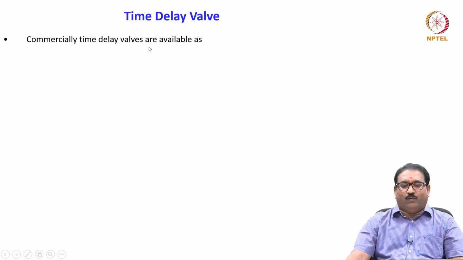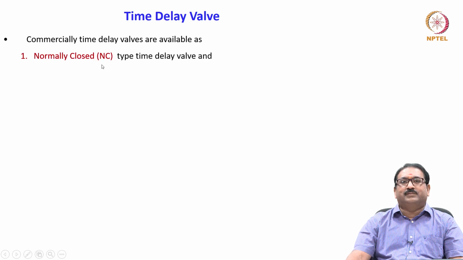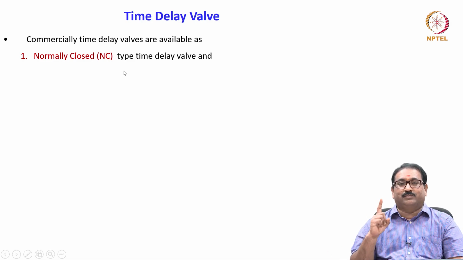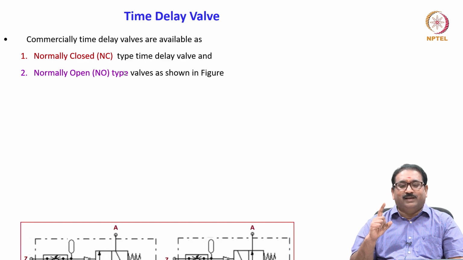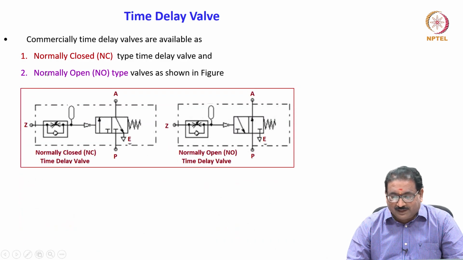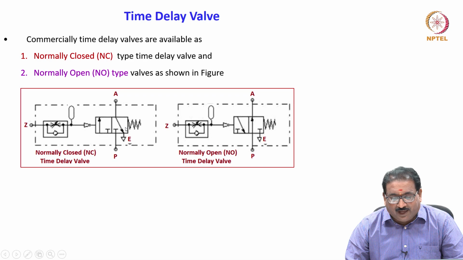Commercially, time delay valves are available as normally closed type time delay valves. What is the meaning of normally closed DCV? Pressure port is blocked. Or normally open type, meaning it is open. You will see here, the two types are available.